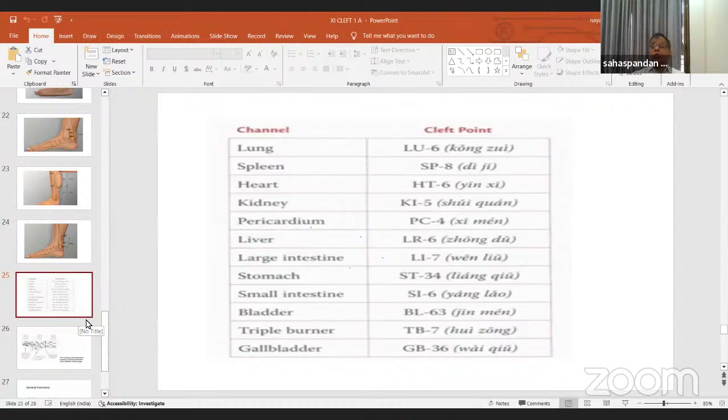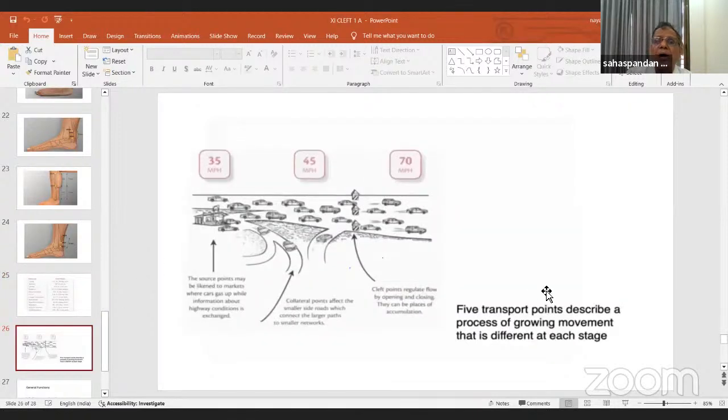While the growth of the chi transformation among the 5 transport points may be represented by ever increasing speed limit signs along an increasingly wide highway. While this image may be helpful, this is the image I'm talking about.